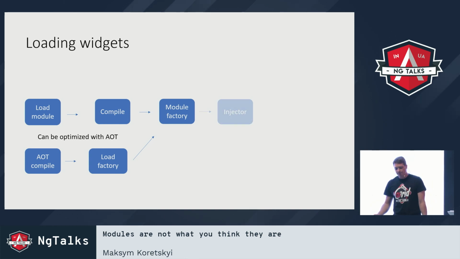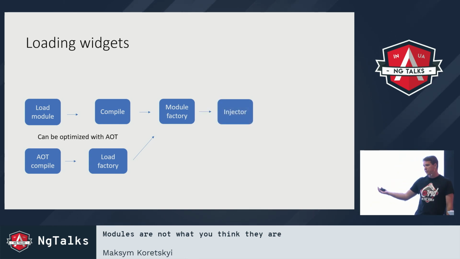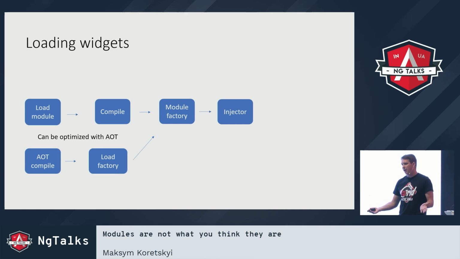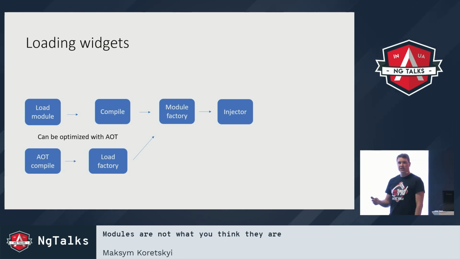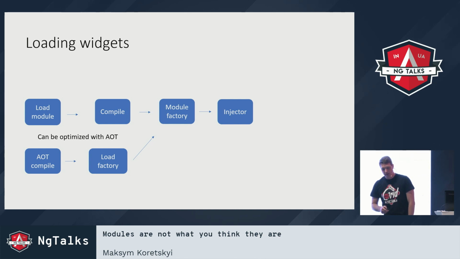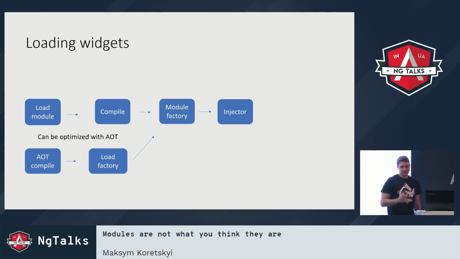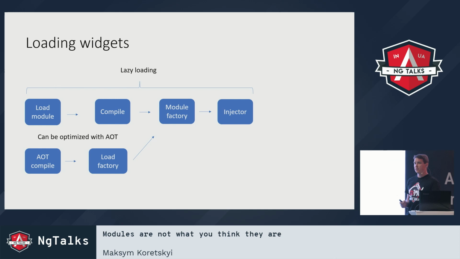Now after that, we can create an injector at runtime, simply call the create method on the factory. Pass in the parent injector, and we have an instance of a module and an injector with providers that are relevant for this particular module. Again, this is the lazy loading. This is it.